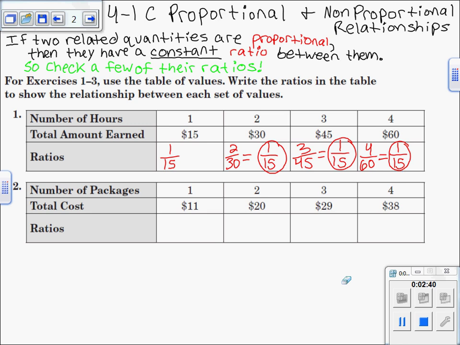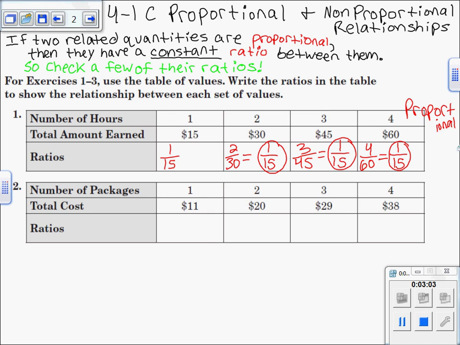So in example 1, all of our ratios were the same, so we're going to describe that situation as proportional. That means we can solve for anything in that situation using a proportion. We can make precise predictions of what's going to happen.